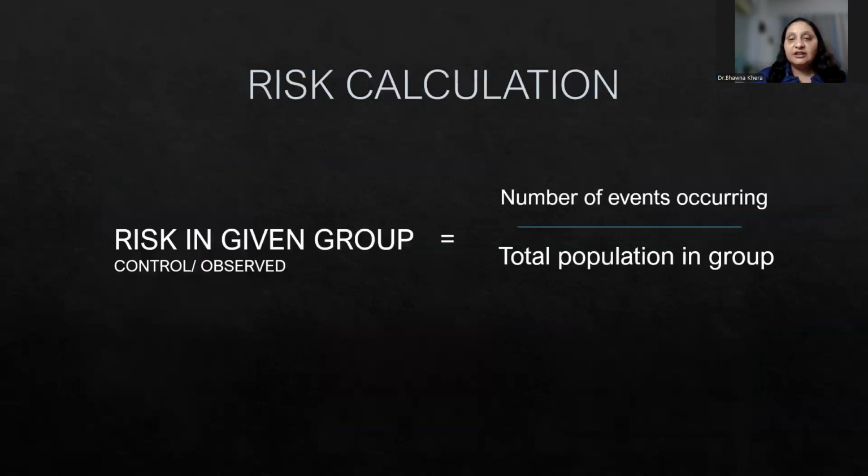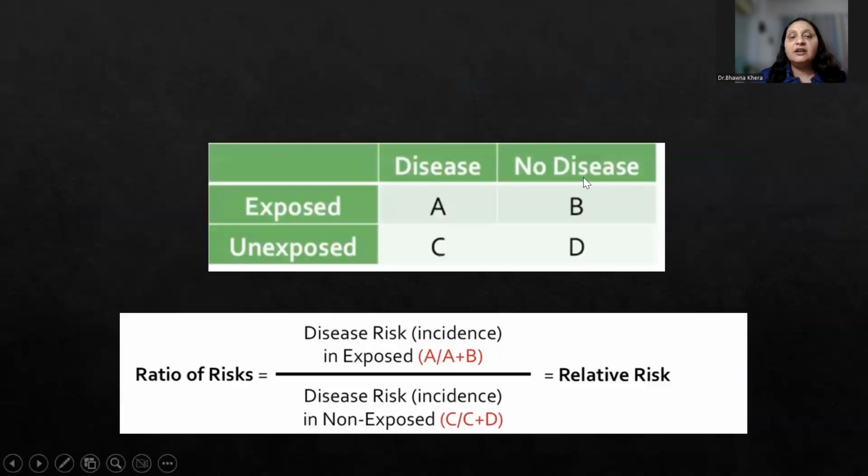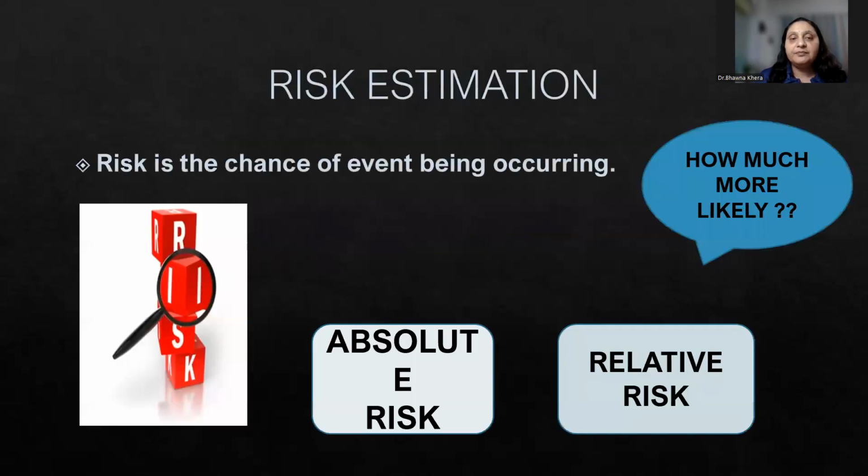So we have this type of chart: exposed, unexposed, disease is there, no disease is there. In the exposed group, certain people may develop disease and certain people may not develop disease. While in unexposed, some people can develop disease and some may not. So now we'll look at this data.